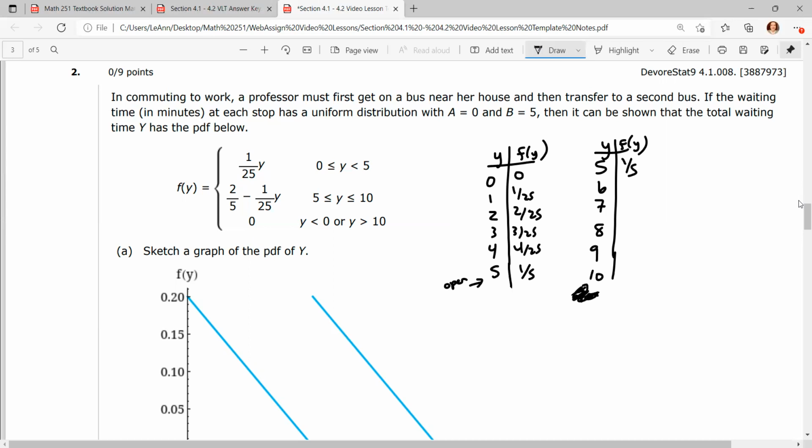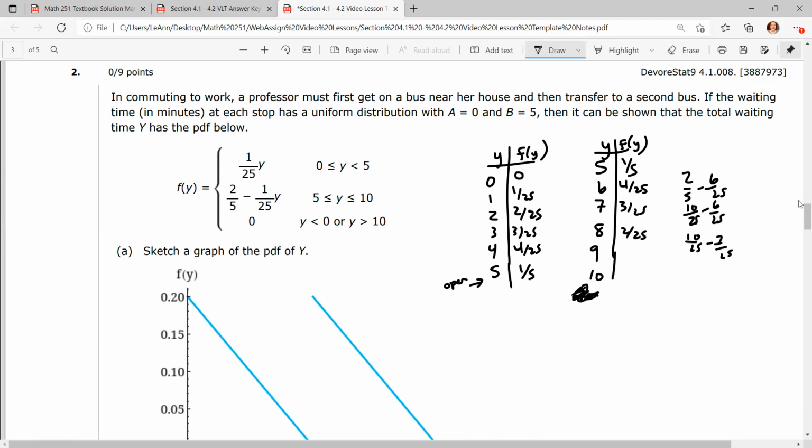We'll have 2/5 minus 6 over 25. So we need to get a common denominator there by multiplying this by 5 over 5. So that's 10 over 25 minus 6 over 25. That is 4/25. And then you'll notice a pattern. When we get to 7, it's going to be 10 over 25 minus 7 over 25. So you get 3/25.